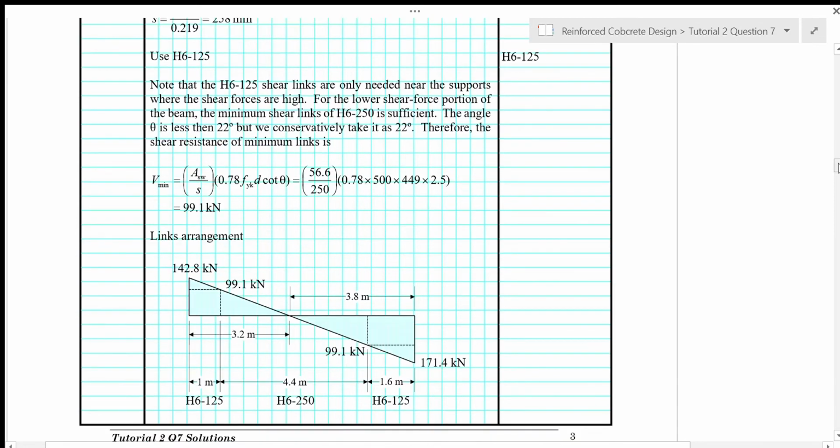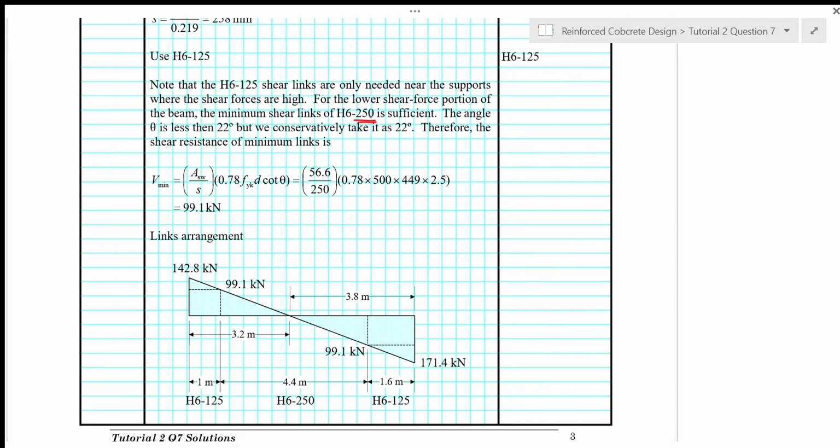We know that the H6 at spacing of 125 shear links are only needed near the supports where the shear forces are higher. For the lower shear force portion of the beam, the minimum shear links of H6 at spacing of 250 is sufficient. So this 250 is based on minimum links that gives maximum spacing of 258 mm.